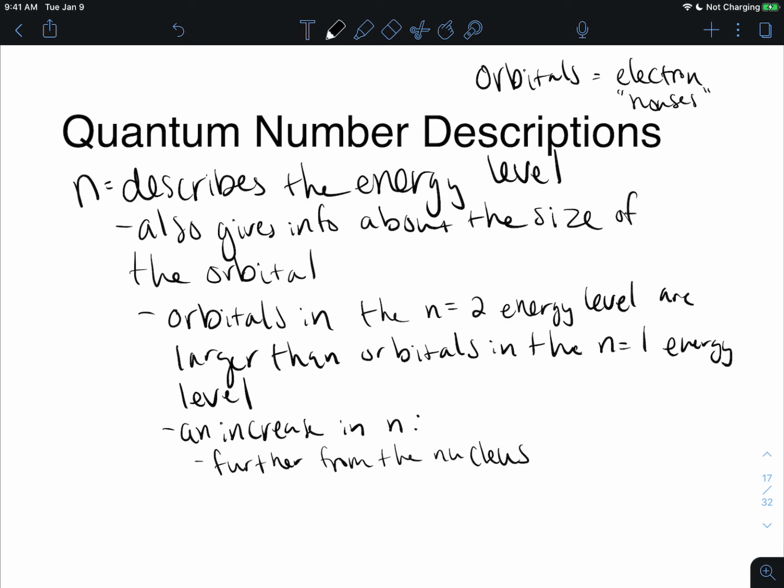They're what house our electrons. So if we have a greater n value, we are further from the nucleus. Our orbitals are further from the nucleus, our electrons are further from the nucleus, and energy is increased for the orbitals and the electrons.